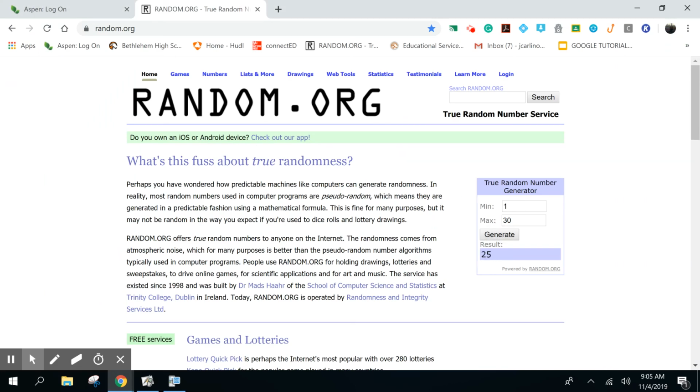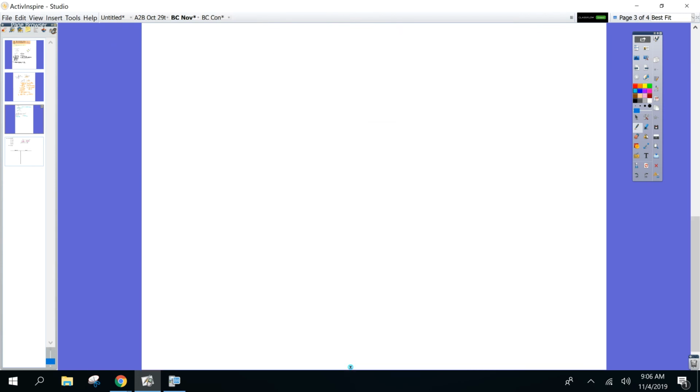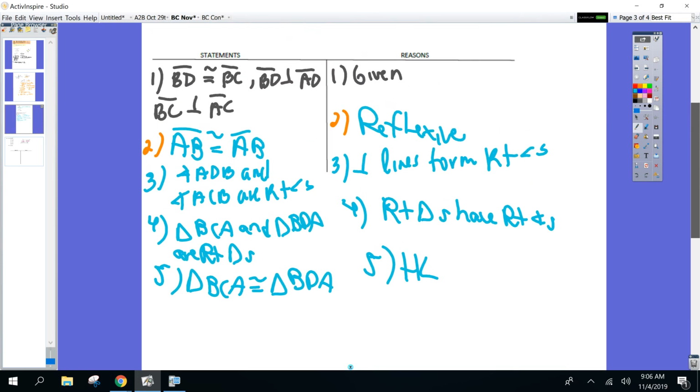25. Yep. 21. Triangle BCA is congruent to triangle BDA. By which one of the 5 methods? Yep. And then again, why did I want the triangles?